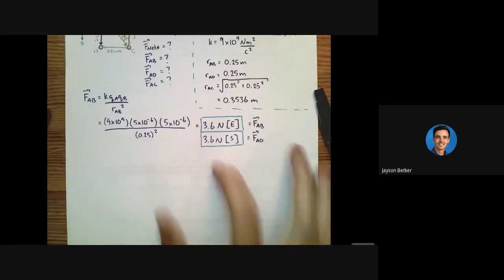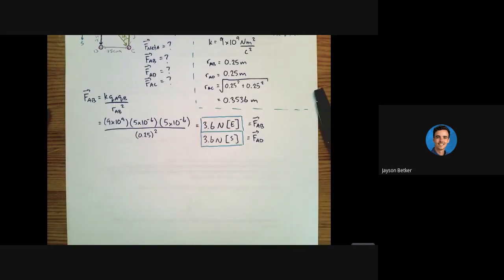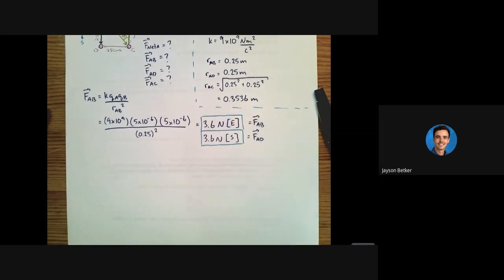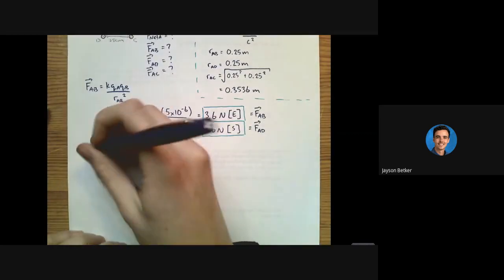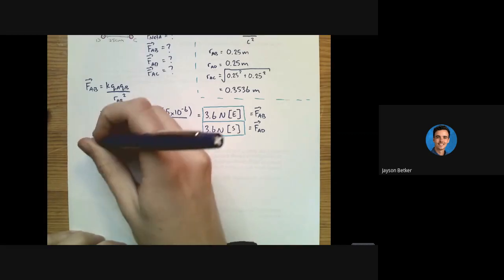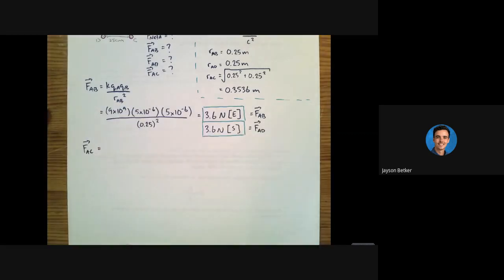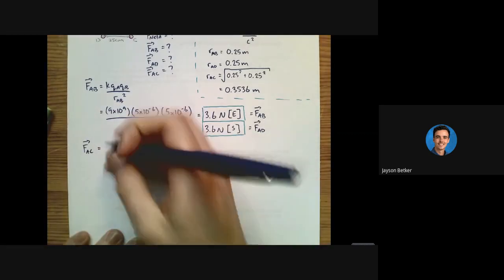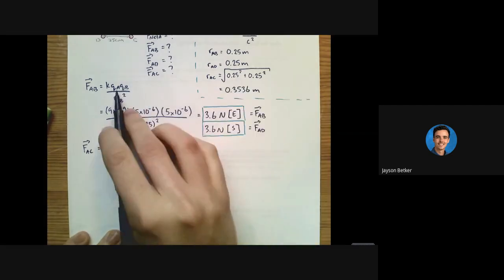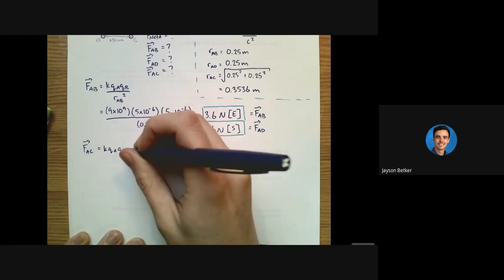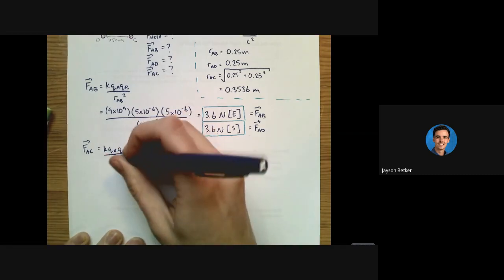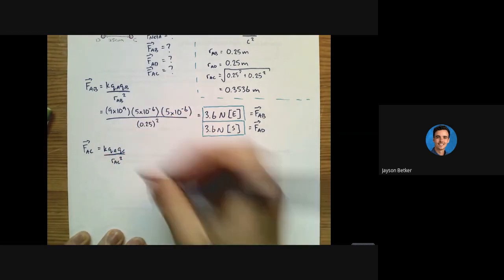FAC is the toughest one, but only because it's a different distance and it's also going to have an angle associated with it. So let's find FAC. It's really actually not that much. FAC is going to be K QA QC over RAC squared.